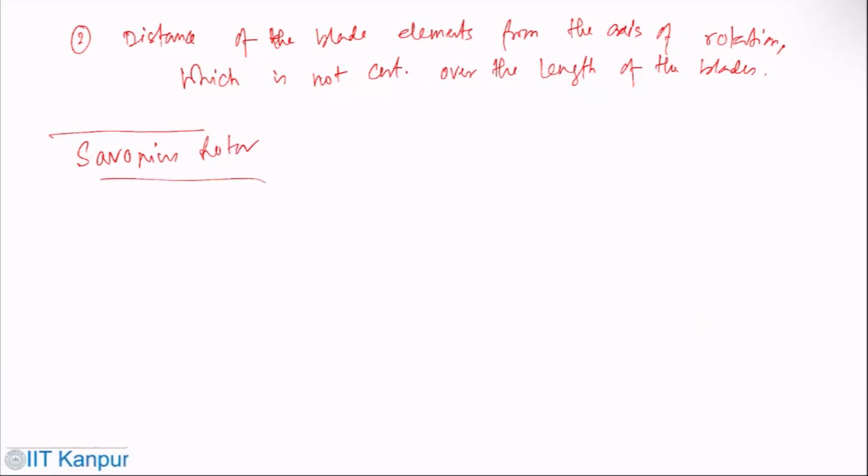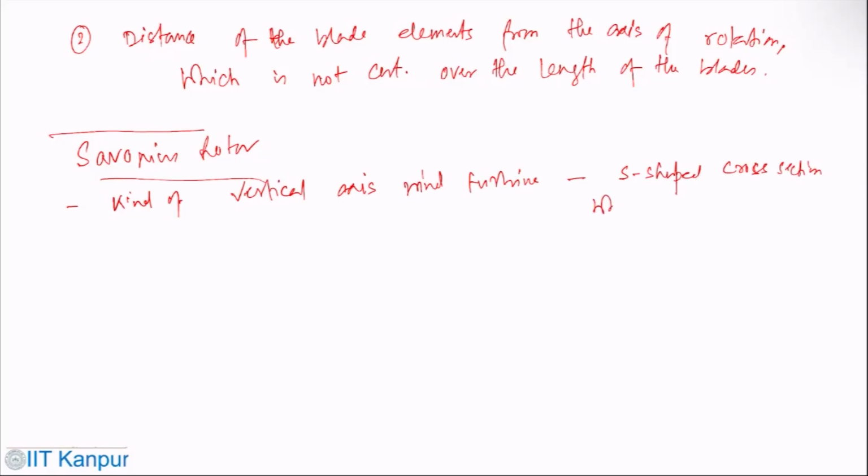This is also a kind of vertical axis wind turbine, but it has an S-shaped cross section when viewed from top. So the top view shows an S-shaped cross section.